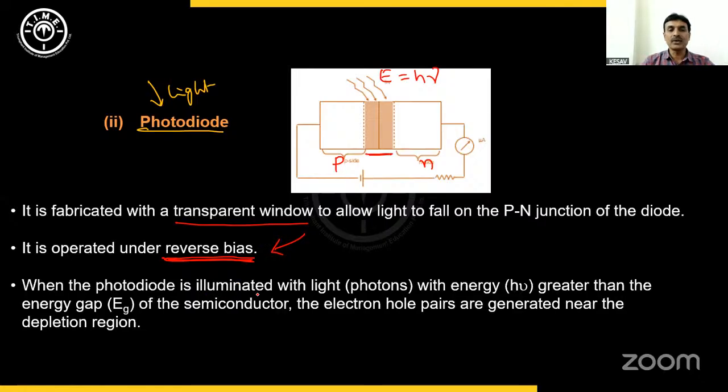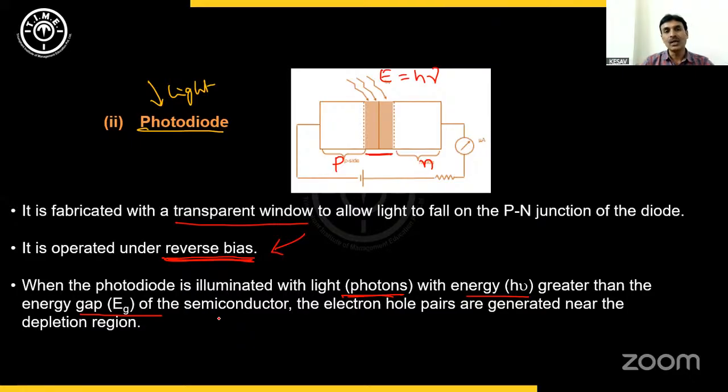When the photodiode is illuminated with light, it contains photons, right? And these photons carry energy h nu. If this energy is greater than the energy gap of the semiconductor, what is the energy gap? That we have discussed in the first session, electronics 1.